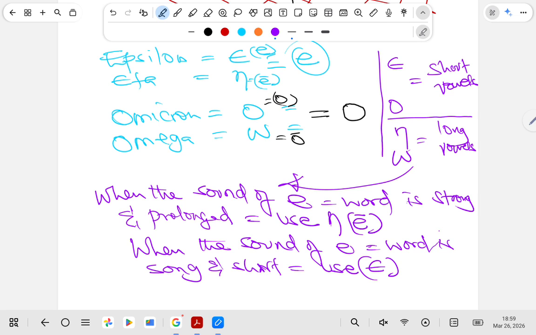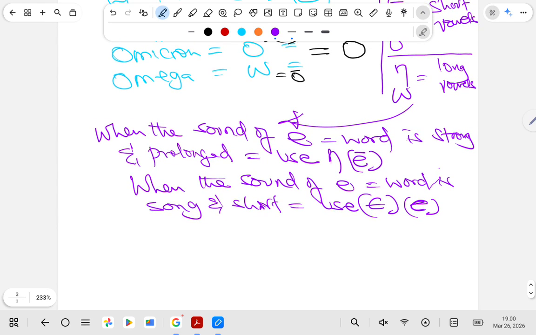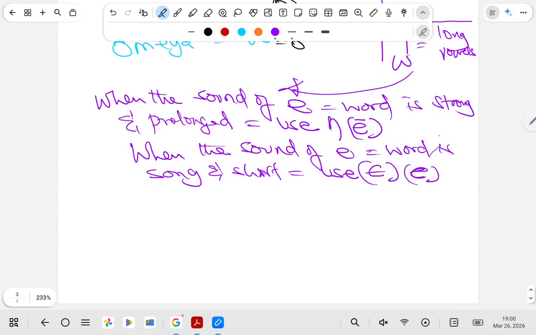Okay, which is written just like an E, the normal E. You notice that? And the same rule applies with how Omicron and Omega is used. So hopefully you're seeing the trend and where it's leading to.